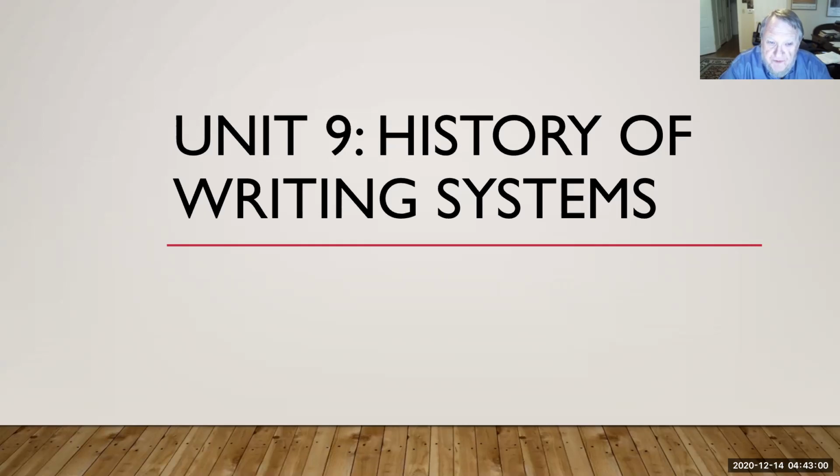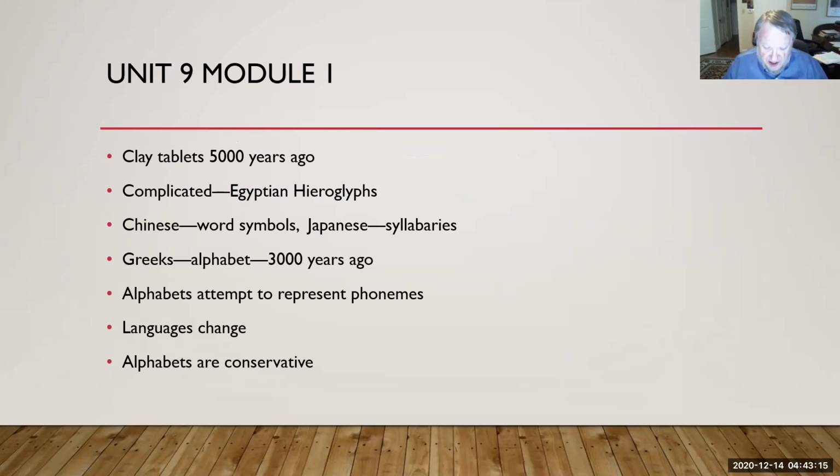Unit 9 is a brief history of writing systems in general, i.e. around the world. All right. The earliest writing systems we have found date back to around 5,000 years ago.